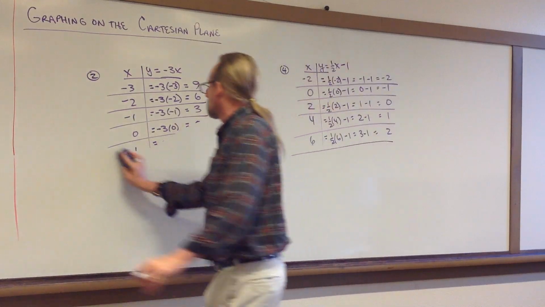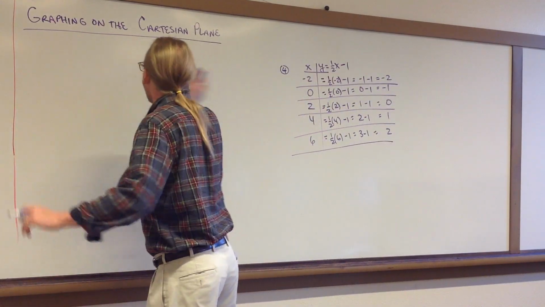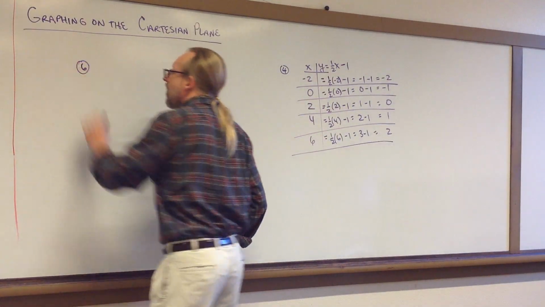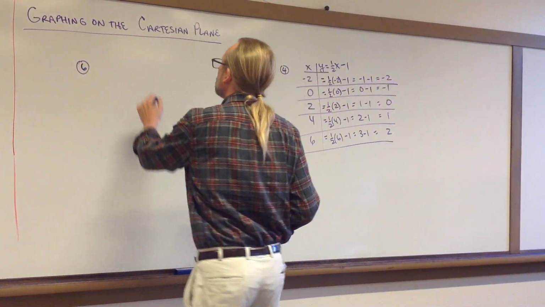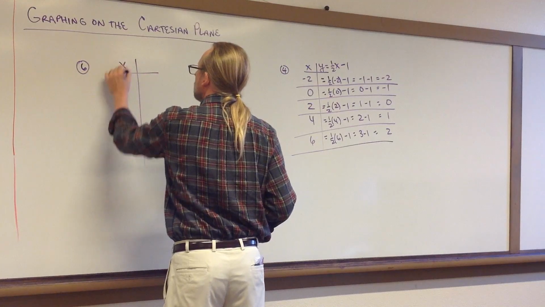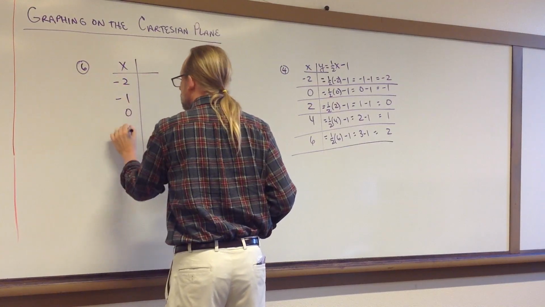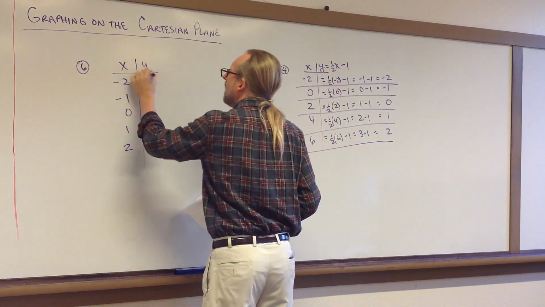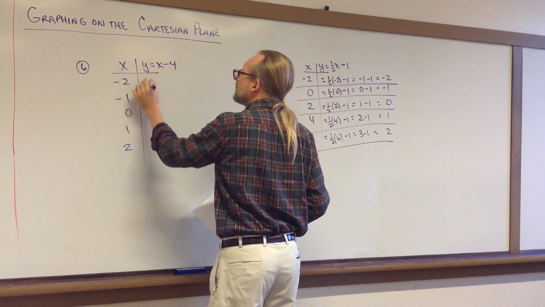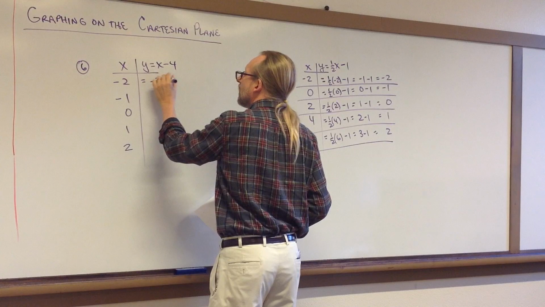Problem 6. So in problem 6, our x values start at negative 2 and go up by 1s up to positive 2, and our y values are equal to x minus 4.